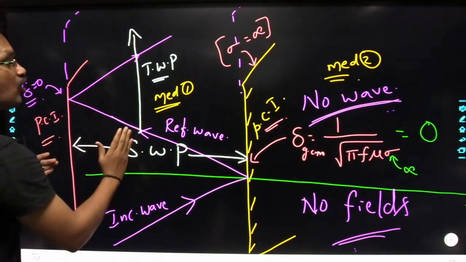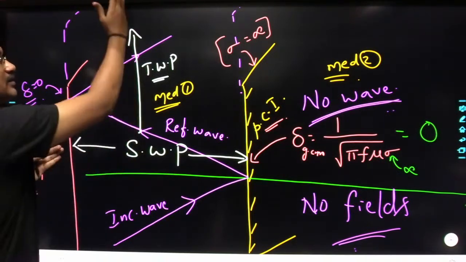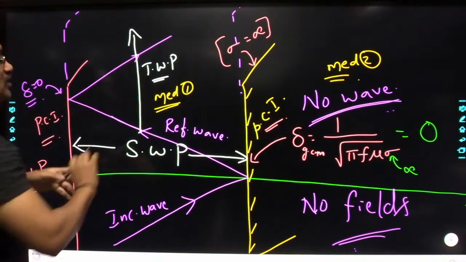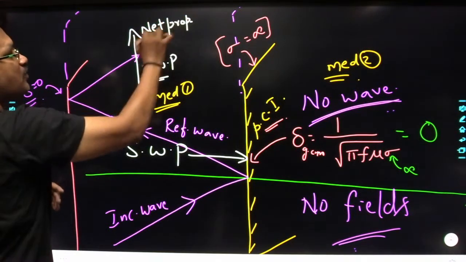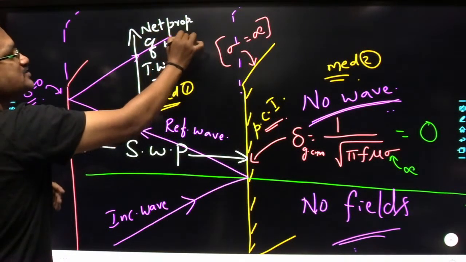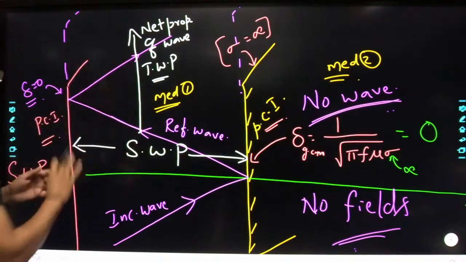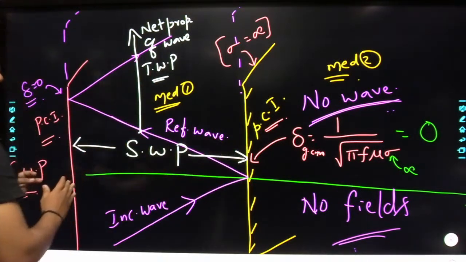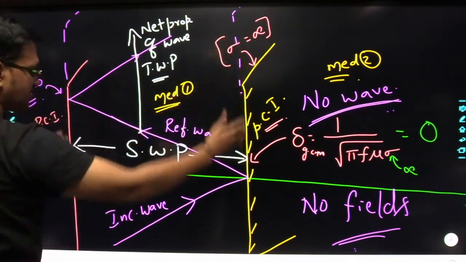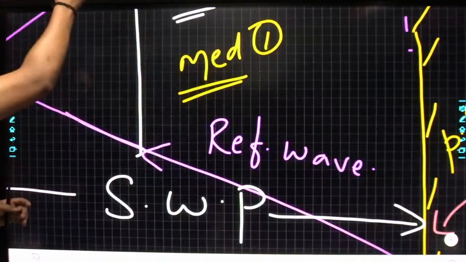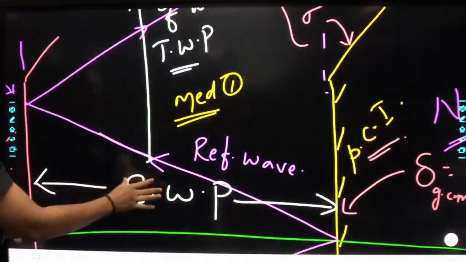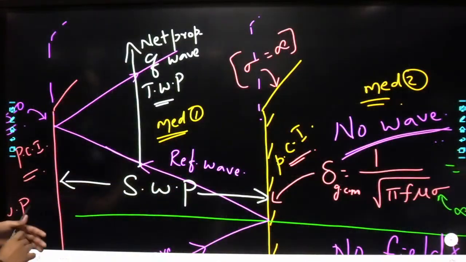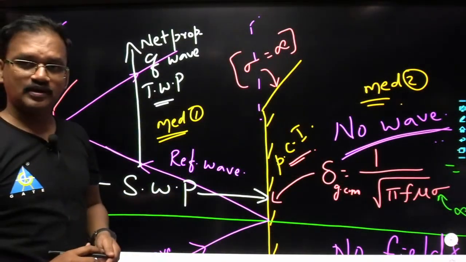So that means you are going to have the traveling wave pattern in this direction. The net propagation of the wave is in this direction, and the standing wave pattern is present between the two plates. So along the plates you have the traveling wave pattern, and between the plates you have the standing wave pattern. Understood?